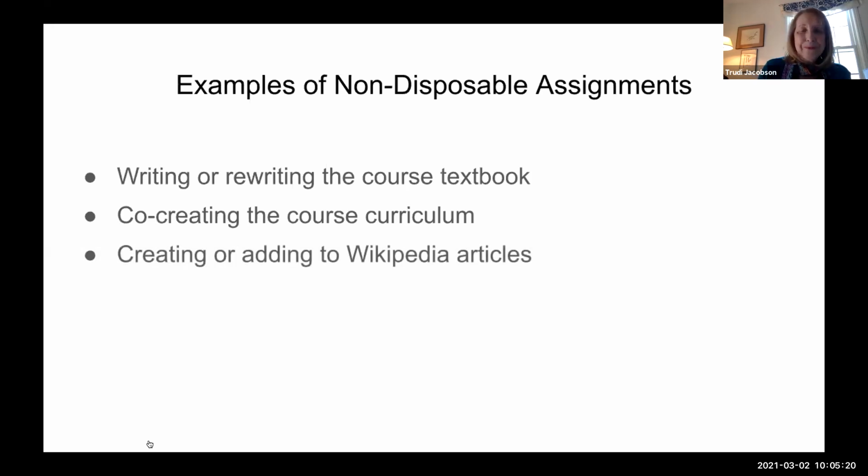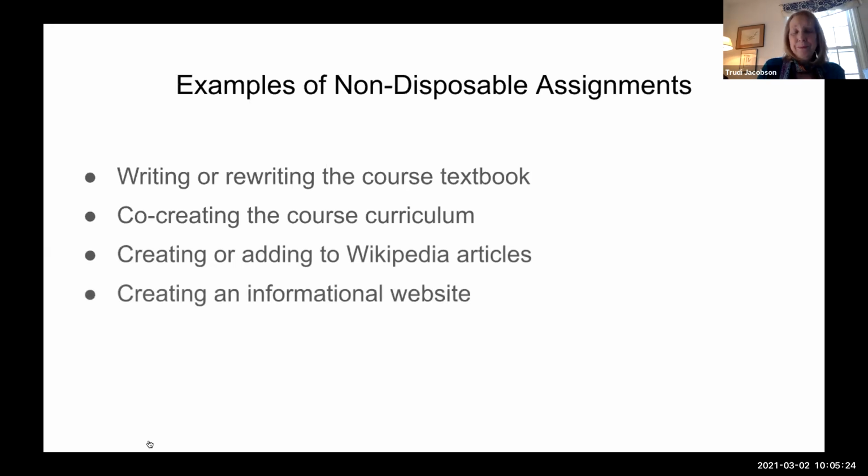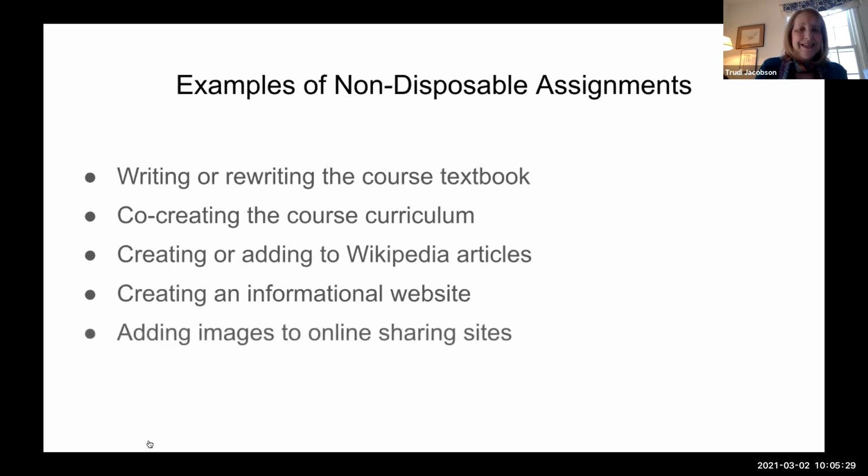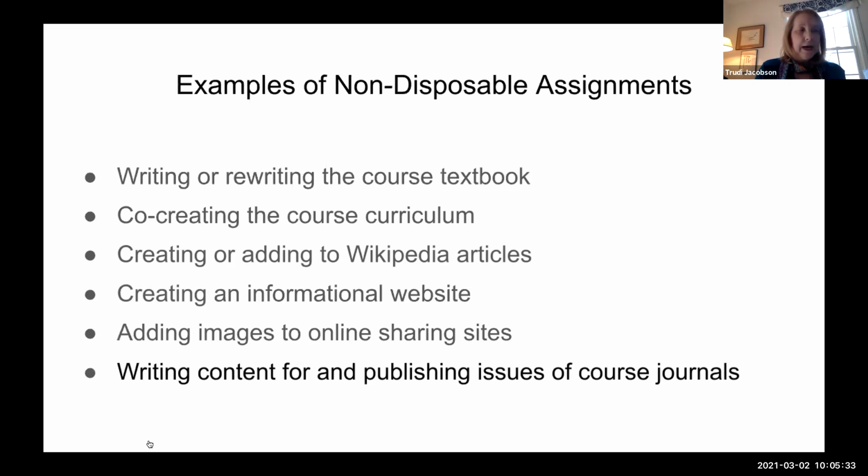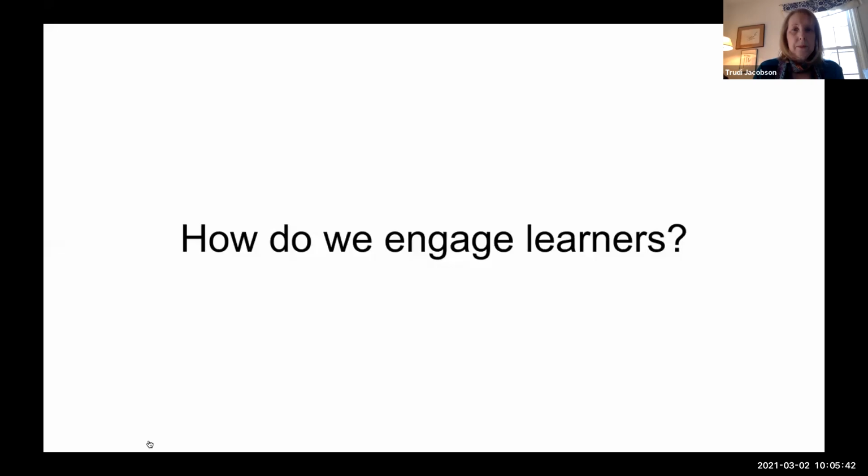Creating or adding to Wikipedia articles, which you'll be hearing about. Creating an informational website, which you will also be hearing about a little bit later. Adding images to online sharing sites, or writing content and publishing issues of course journals. So all different possibilities.